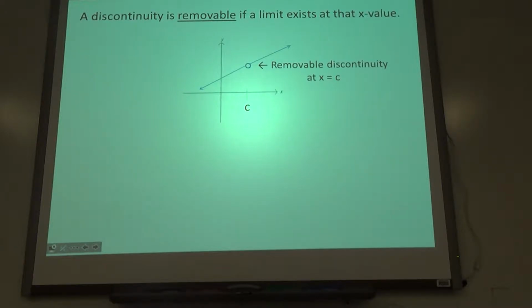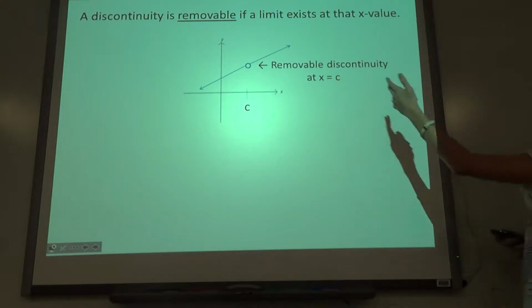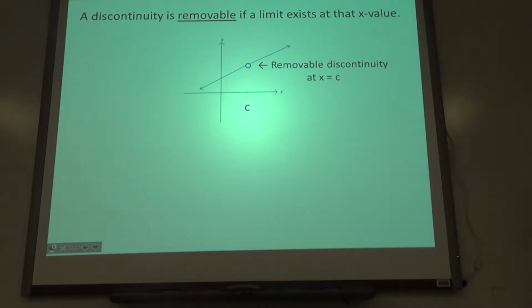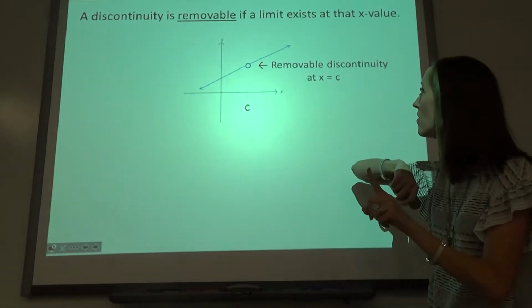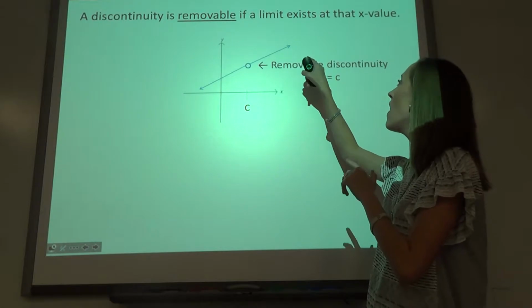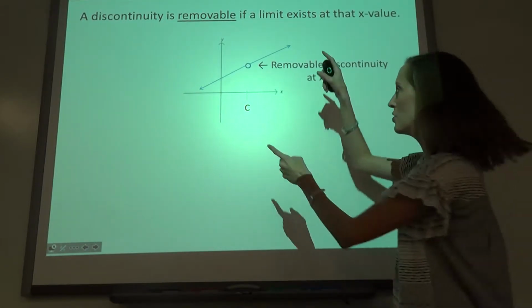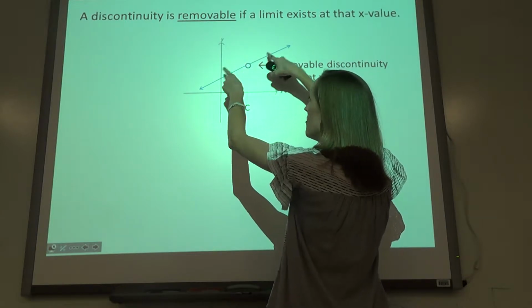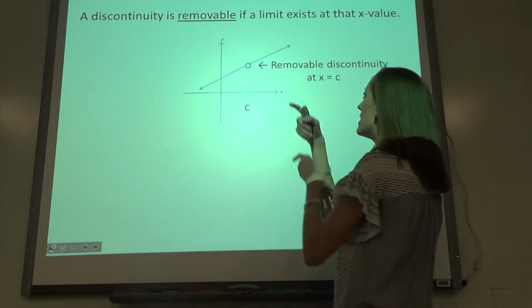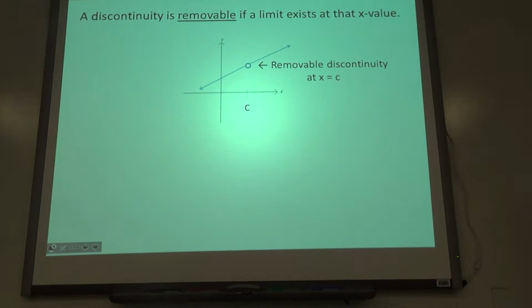But taking it one step further, I could go on to say that the discontinuity is removable. It's not continuous because condition 1 would fail, but it's what we call a removable discontinuity because you could still find the limit. The limit would still exist, but it's not continuous.